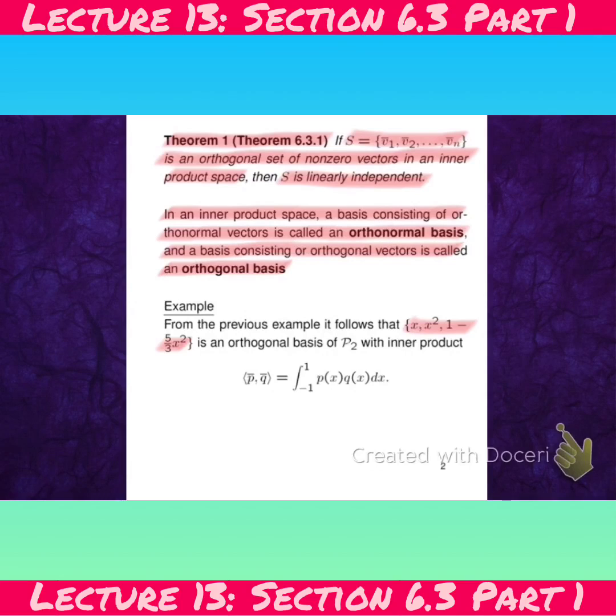And by Theorem 6.3.1, any set of orthogonal vectors is going to be linearly independent. So this set of vectors, x, x squared, 1 minus 5 over 3 x squared, is going to be a linearly independent set, and therefore it must be a basis for P2, because remember, the dimension of P2 is equal to 3, right?